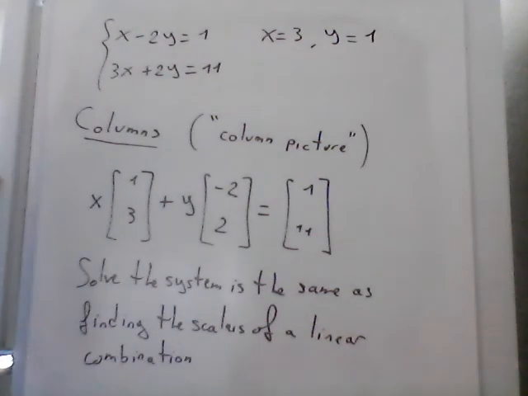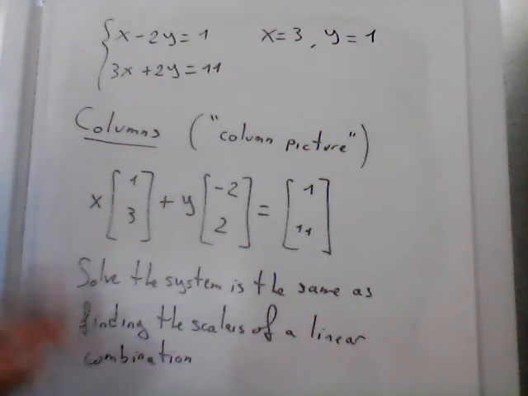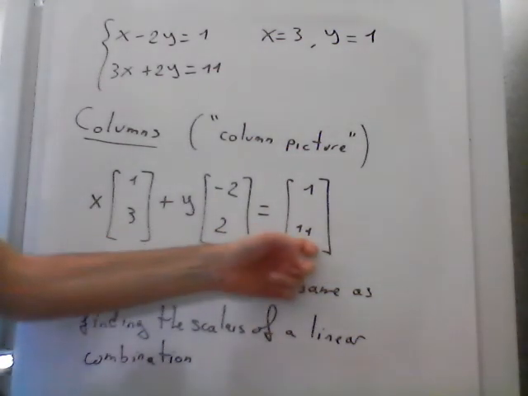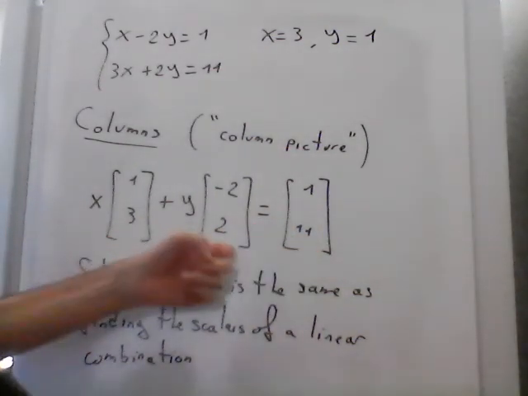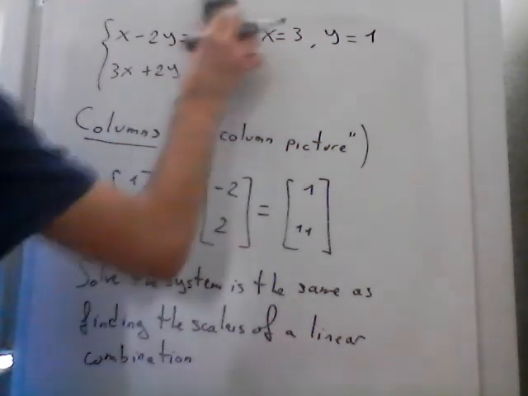Okay. And finding your solution gives you also the linear combination. But what does it mean geometrically? Geometrically, it means that you write this vector, so an arrow in the plane, as a linear combination of these two arrows. So let me draw.